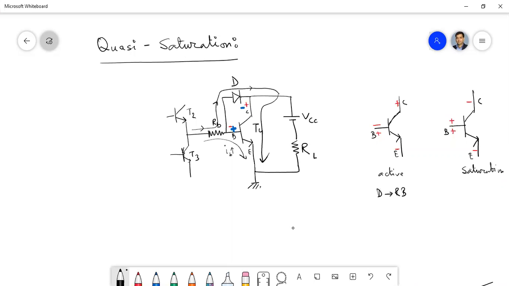If that is the case, then more current will try to flow through the path I have drawn, and less current through the base emitter of the transistor. So the base emitter current that was flowing earlier, the IB current, will reduce from its initial value, the value when the transistor was in the active region.